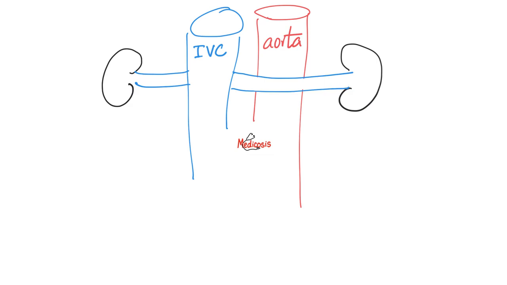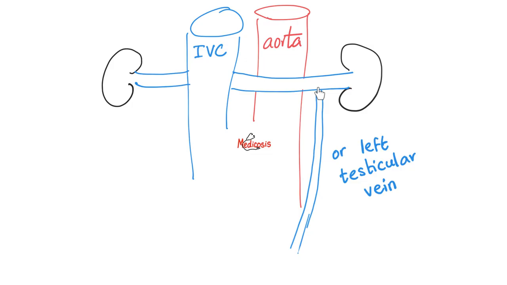Left is long, and because it's long, it's going to receive something that the right never received, and that something is the left ovarian vein, which drains to the left renal vein. But on the right side, the right ovarian vein drains directly to the inferior vena cava. So left ovarian vein to the left renal vein, but right ovarian vein drains directly to the inferior vena cava.